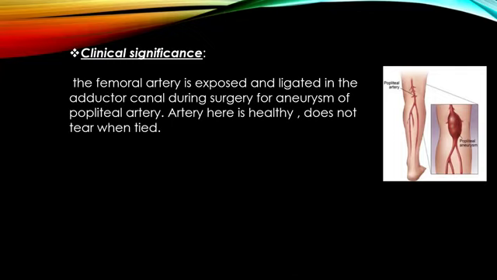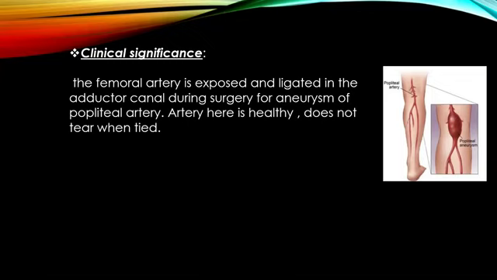I'm pretty sure you couldn't understand this, but let me explain. There is a surgery that is done to remove the aneurysm of the popliteal artery. Here we can observe the popliteal aneurysm. If we tie the popliteal artery right where the aneurysm has occurred, then there are high chances that the artery can get torn off because the artery here is quite weak.